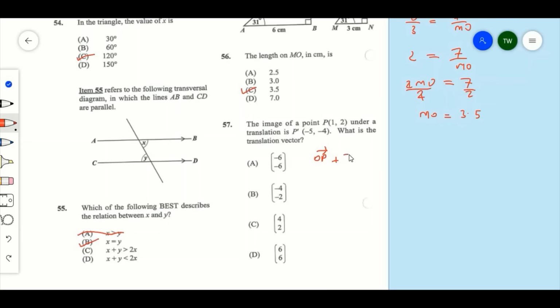So let's use TV for translation vector, must equal the image, and the image in this case is going to be OP prime, so the image vector. So therefore, OP as a column vector is going to be 1, 2.